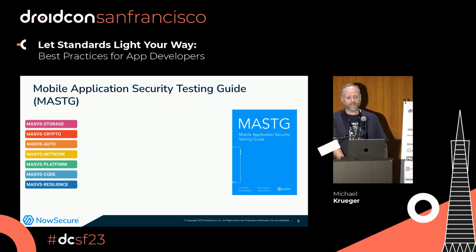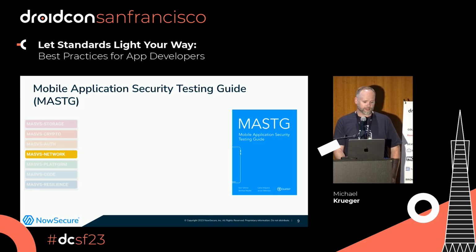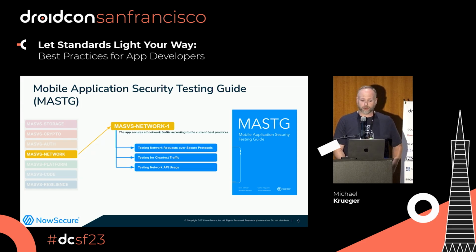So what else do they have? Well, they also have another program called the MASTG, or the Security Testing Guide. Now, classically, yes, this has been geared towards security practitioners, but here's the interesting thing. Let's take the network category, for example. In the MASVS, the network category has multiple different controls within it. One may describe that your app needs to operate securely.